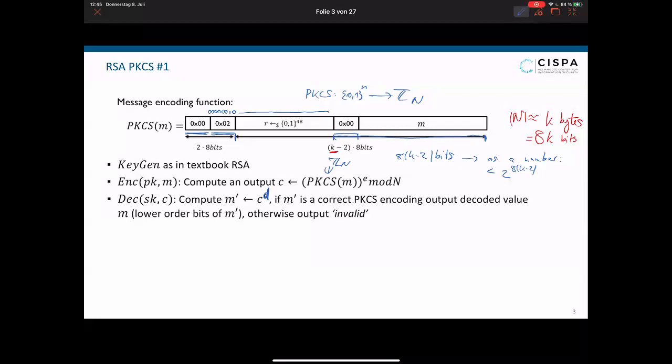I see there's a question in the chat. It seems like PKCS removes the advantage of having a smaller ciphertext that RSA has over El-Gamal. This is not necessarily an advantage.